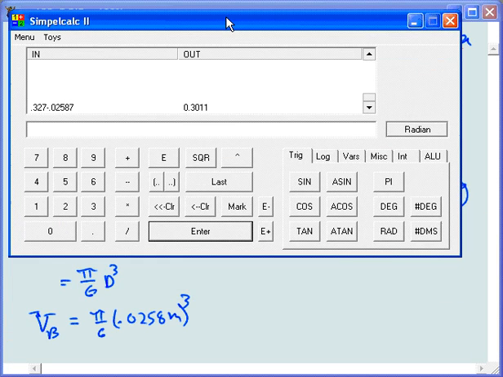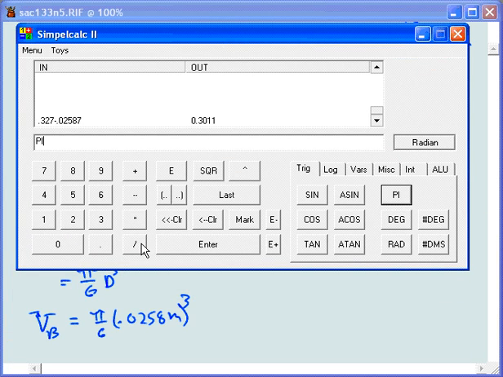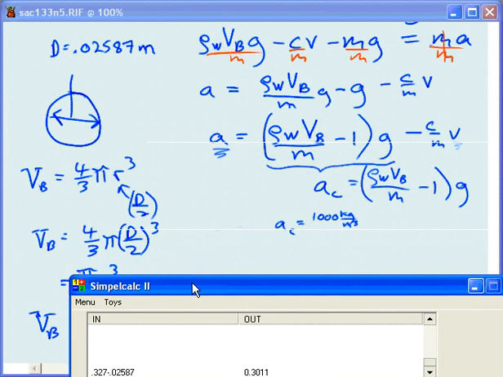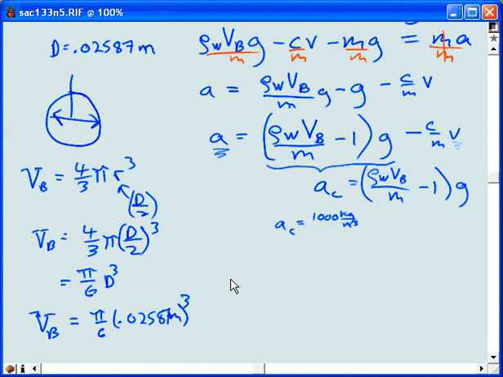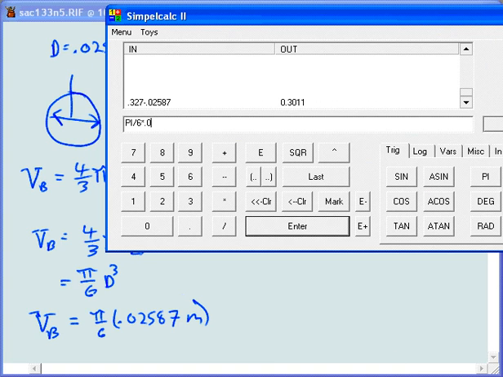So let's see what that turns out to be. We've got pi divided by 6, and all that times 0.0258. Is that what they gave us? 0.02587 meters all cubed. 0.02587 to the 3.